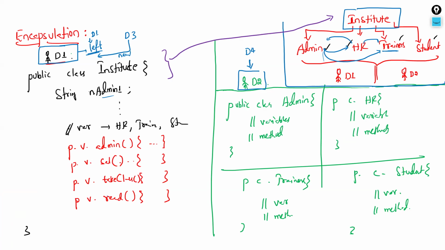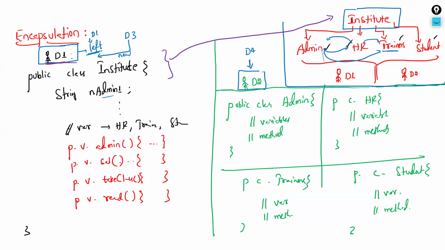So is it easy for developer one to rectify the error, or does he have to go through the entire code? Is the error coming from admin, HR, trainer or student? Is it easy to identify? No. So what does this developer have to do? He has to check the entire code. Yes or no? Which is a time-taking process.